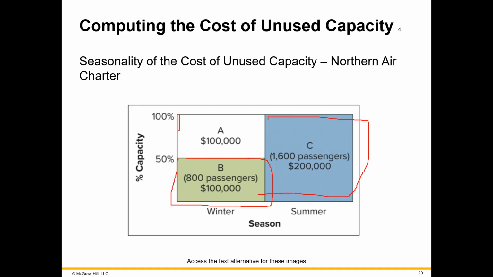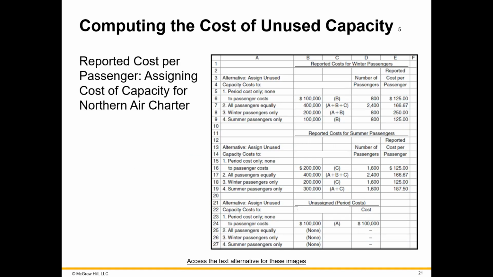They don't know where to allocate those costs to. They can allocate them perhaps towards the other winter passengers, or maybe they're going to allocate it to summer, or maybe they'll just do both. So depending on how they choose to allocate, the numbers are going to change accordingly. This chart shows different scenarios with the company allocating costs in different ways.